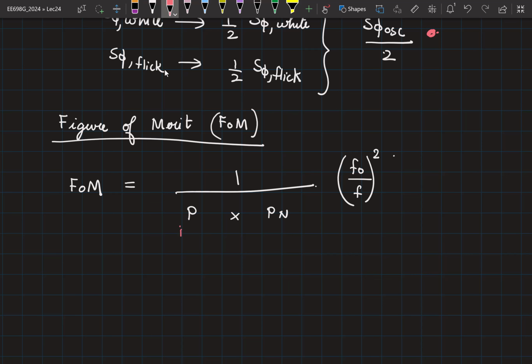This power is usually represented in milliwatts. Okay. What is PN, phase noise? So now you will report your phase noise at a particular offset frequency, right? And that offset frequency has to appear here.